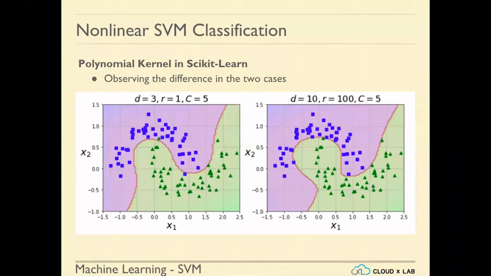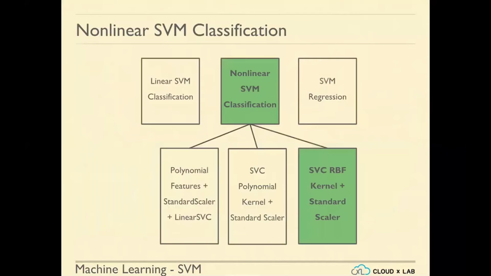The SVM kernel here, internally, is basically adding features to solve nonlinear problems without really adding more and more columns. So it's kind of a mathematical trick to do that.